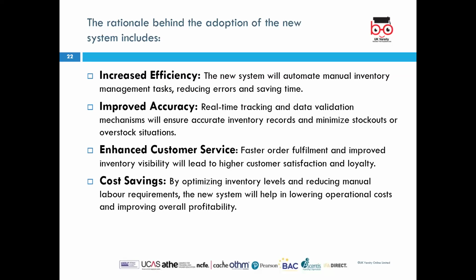We also have to look into the rationale behind the adoption of the new system, which is going to include increased efficiency, improved accuracy, enhanced customer service, and cost saving.